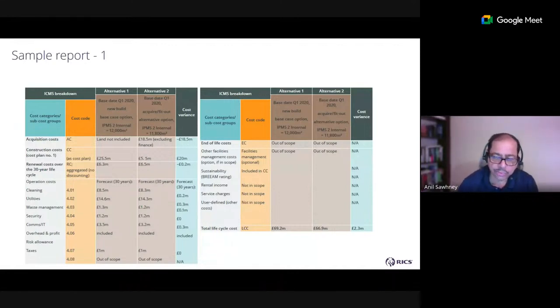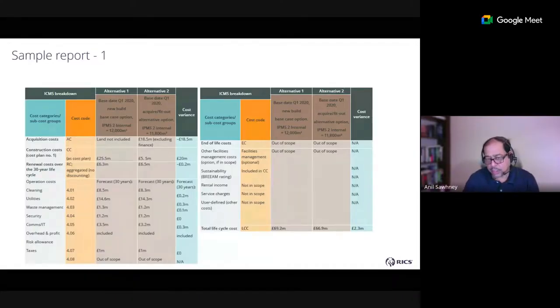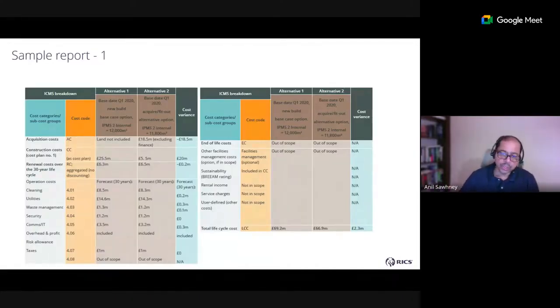And then end of life costs, as I showed previously under the ICMS taxonomy. So you can now compare alternative 1 to alternative 2, not just simply looking at construction cost, but looking at the life cycle cost, and pick the right alternative that works for you.